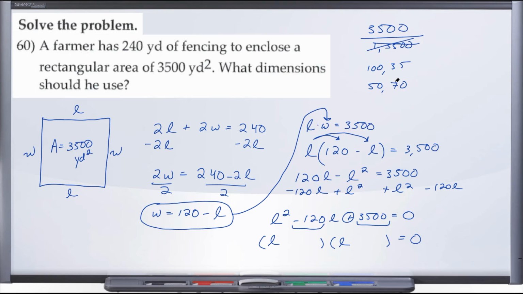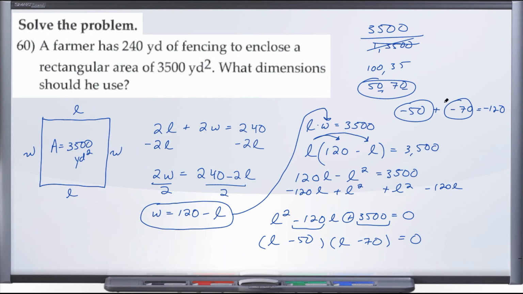Because 5 times 7 is 35, and then you add your two zeros. And this actually happens to work, right? Because we can multiply 50 times 70 to get 3,500, and we can add these two numbers together to get negative 120. So negative 50, negative 70, and there we have it.